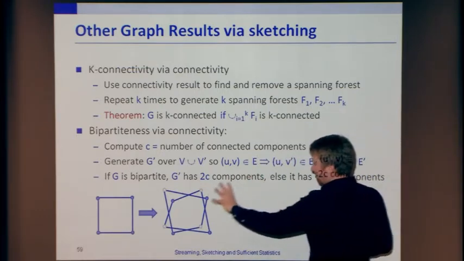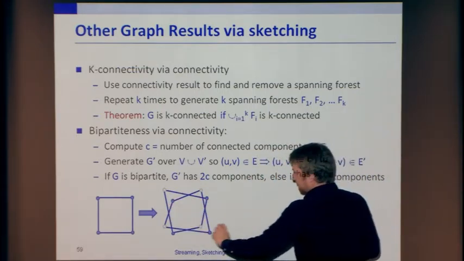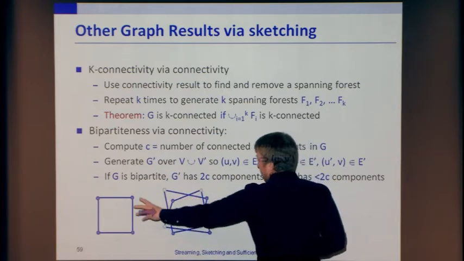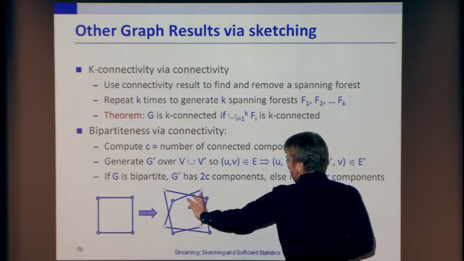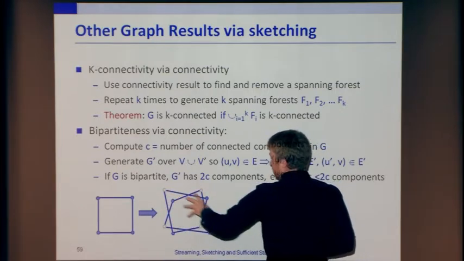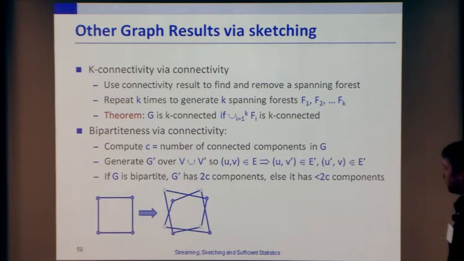And, proof by picture, what it says is if this component is bipartite, then this shadow copy ends up with two independent components.